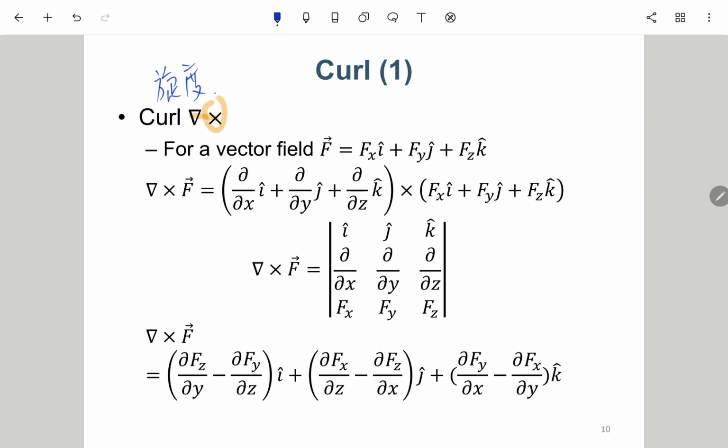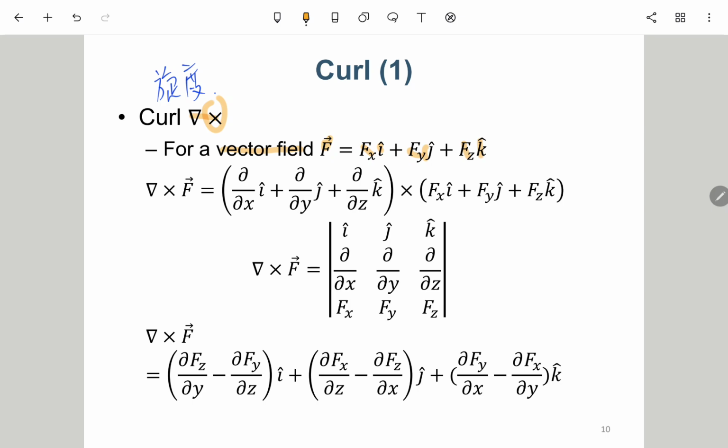Similarly, we assume a general vector field F to be Fx i hat plus Fy j hat plus Fz k hat. This is a vector field that you can imagine can be an E field, B field, or whatever field you want it to be.